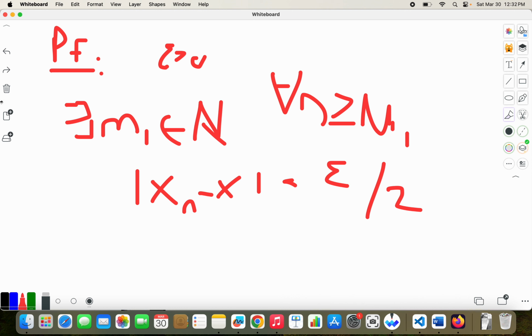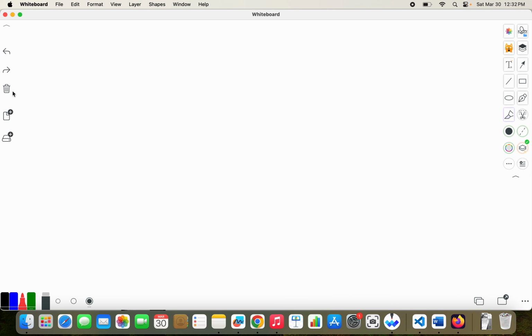So now since x_n converges to y, there exists m2 in the natural numbers such that, well, we know how it works, for all n greater than or equal to m2, right? This is the style of the proof.